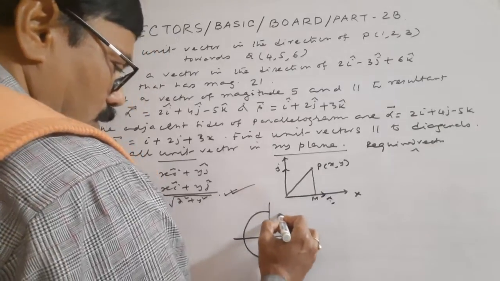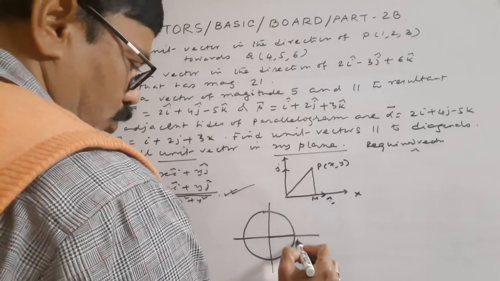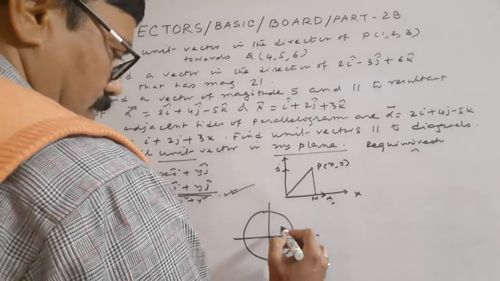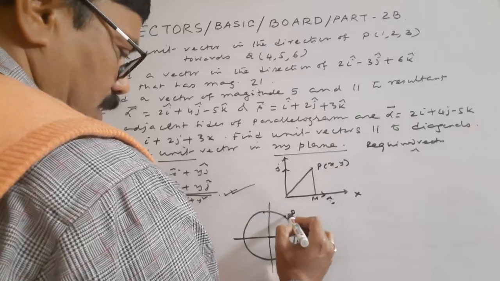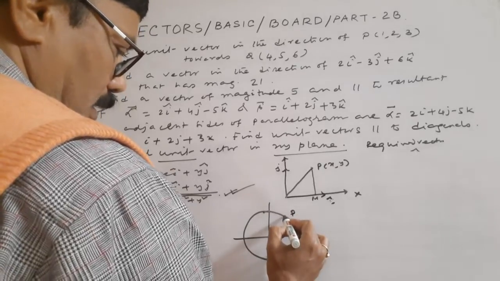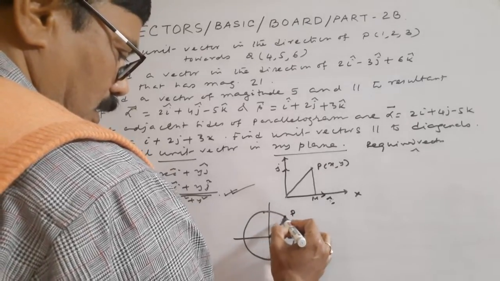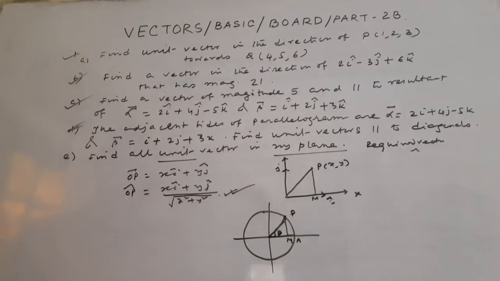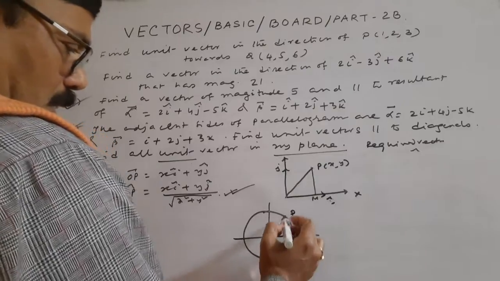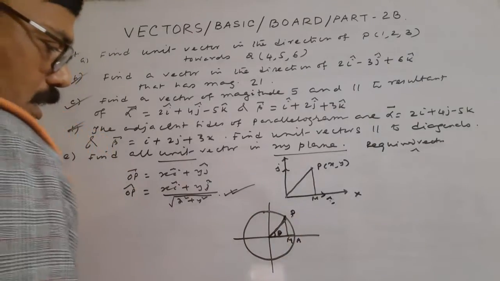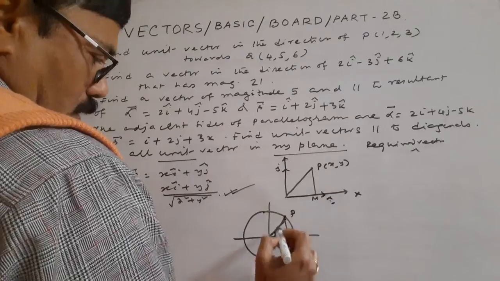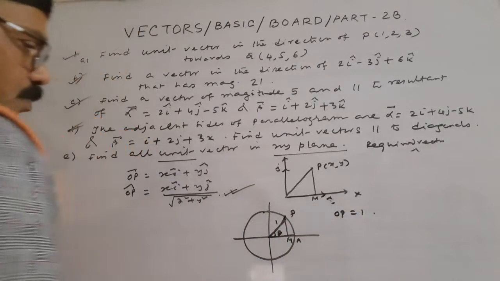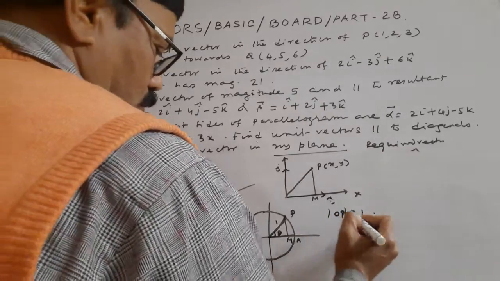So look, this is a circle. This is OA. Unit circle, radius 1. Suppose P is a point and this angle is theta. OP is 1, the magnitude of OP equals 1.